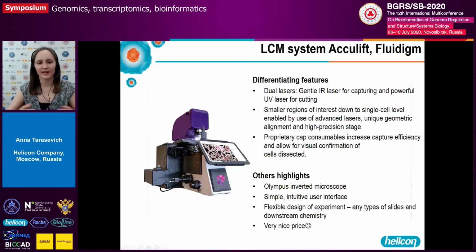And this is my final slide, just to show the differences of the Aculift system from all the other systems on the market. So it has both lasers, the IR and the UV laser. It can work with single cells as well as with large areas.